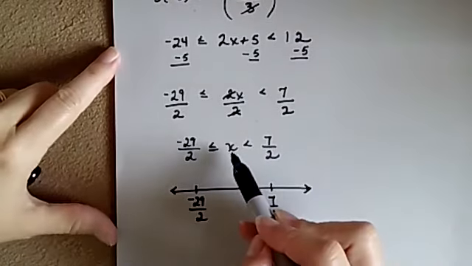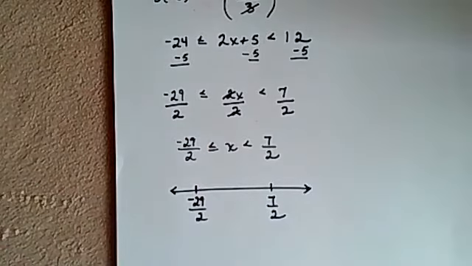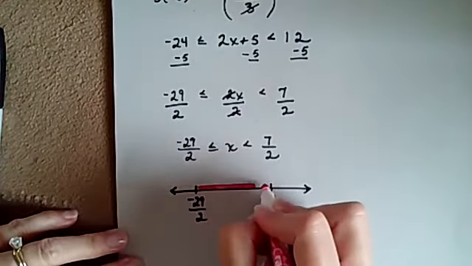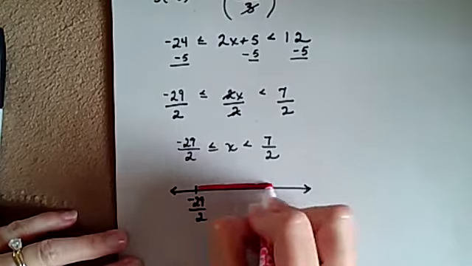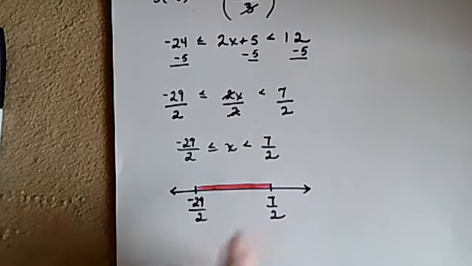And remember, x is saying it's something greater than or equal to, I'll use pink, greater than or equal to, but also less than 7/2. So it's somewhere in between those 2 numbers is my solution. And what we have to worry about is what happens at the end points.